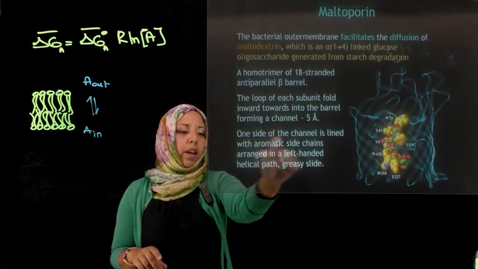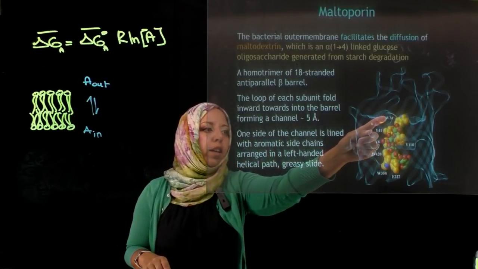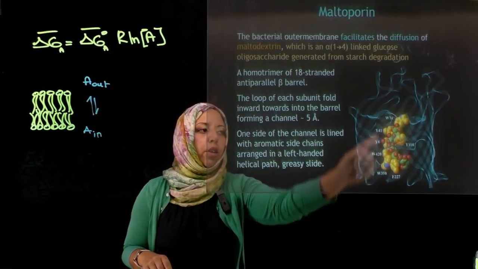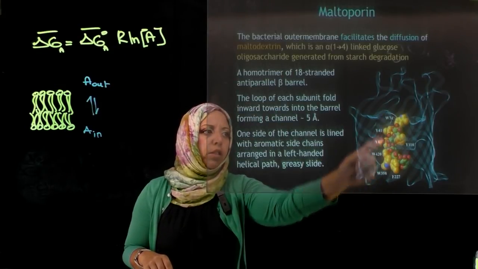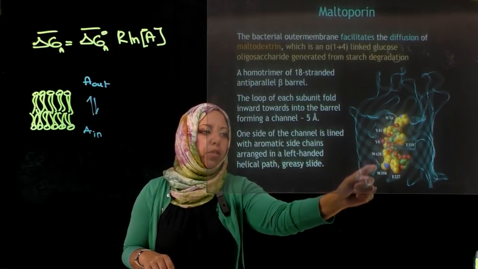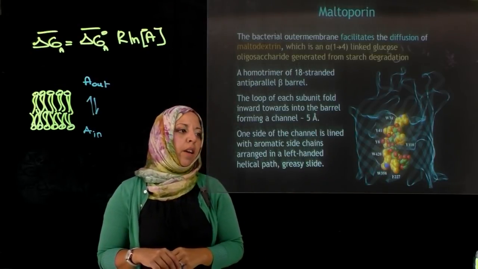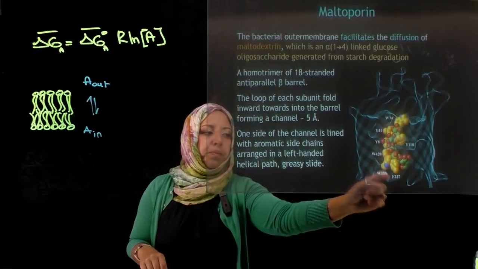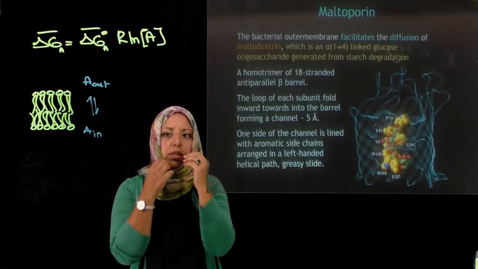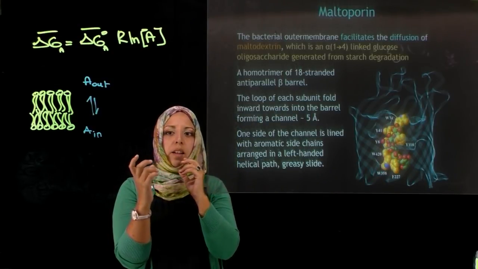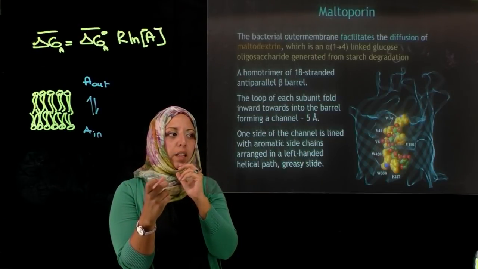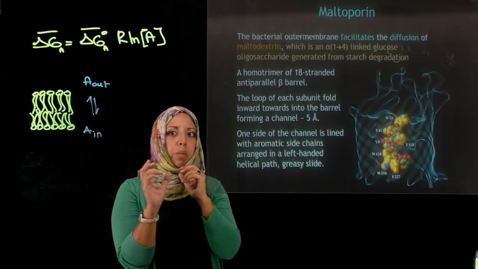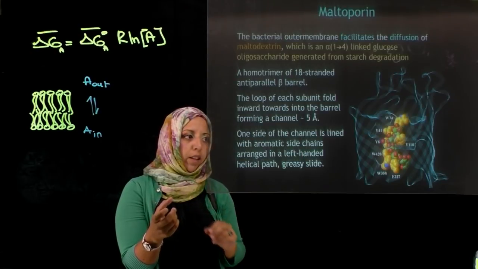The lining of the channel is hydrophobic or aromatic amino acid residues: tryptophan, tyrosine, tyrosine, tryptophan, tyrosine, and phenylalanine. So you have those 6 hydrophobic residues that fold in somewhat of a left-handed helix, that resembles that of an alpha amylase.